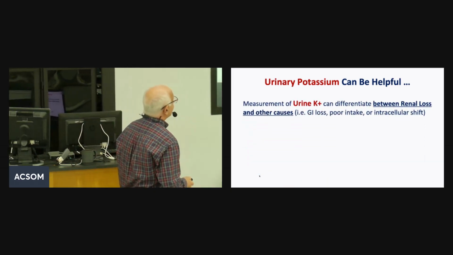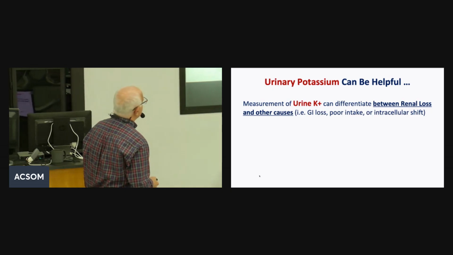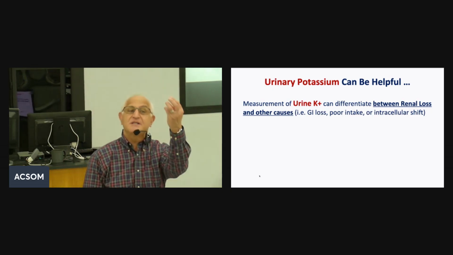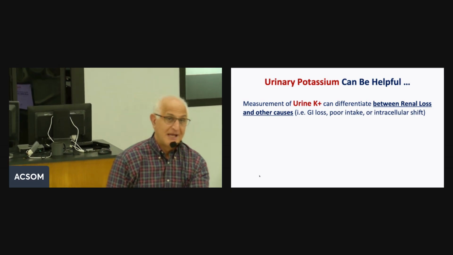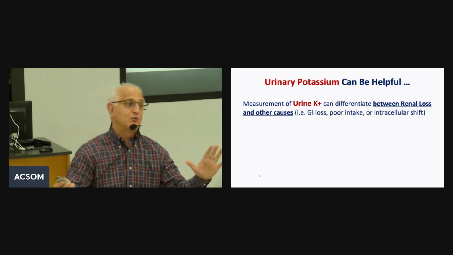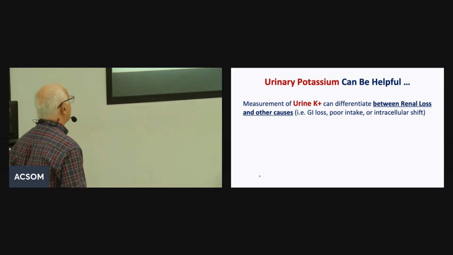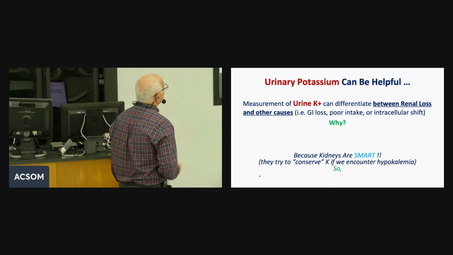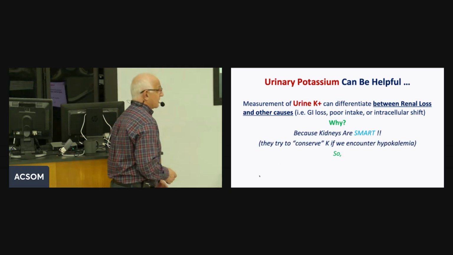So, measurement of urine potassium can differentiate between renal loss and other losses. Basically, I want to know: this low serum potassium, is it because there is a lot in my kidney or not? That's all I want to know at the first stop, and probably the only stop, as a matter of fact. Why? Because kidneys are smart.